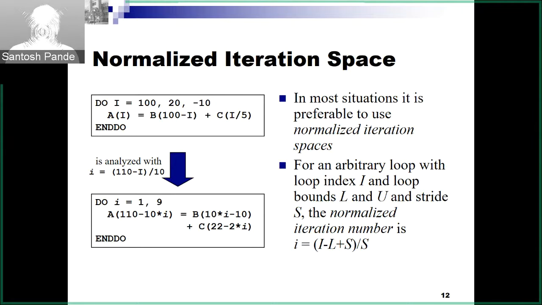And the new loop that we get is do I is equal to 1 to 9, and the I gets substituted there by an expression which is coming out of that.